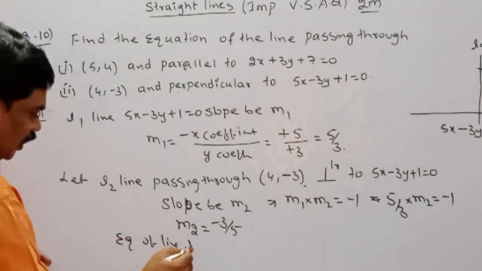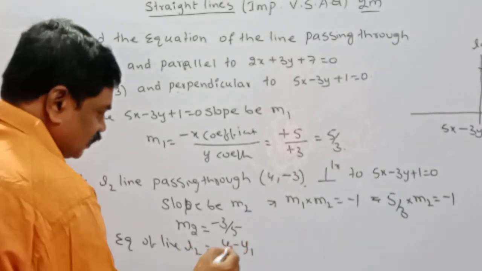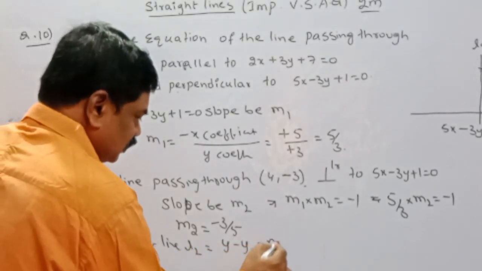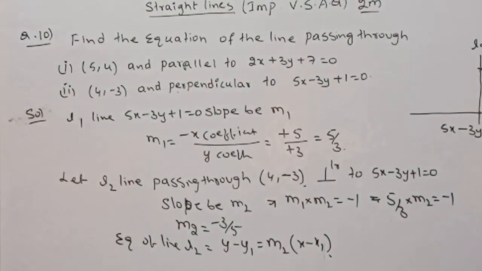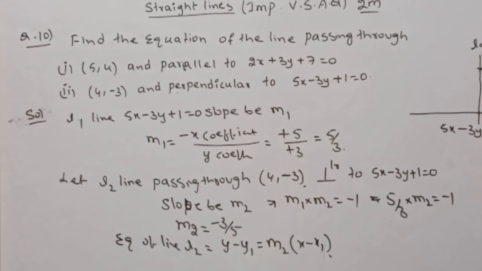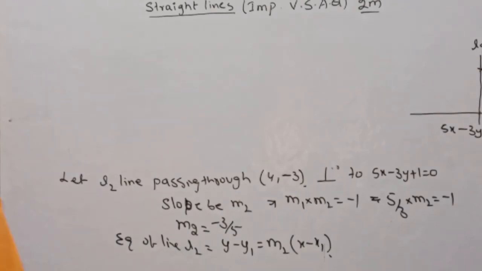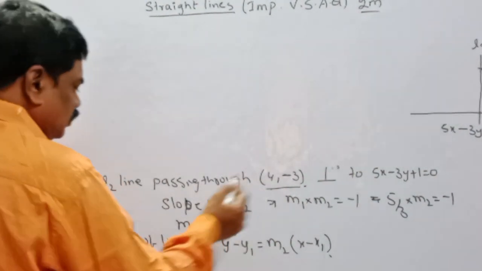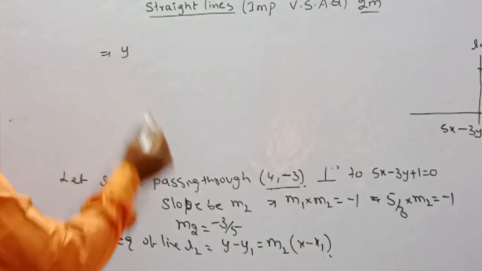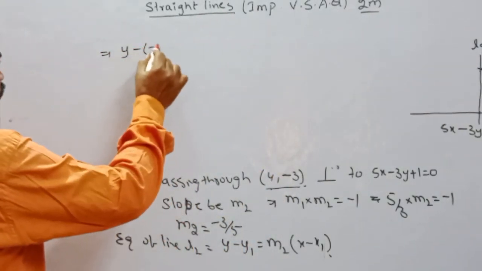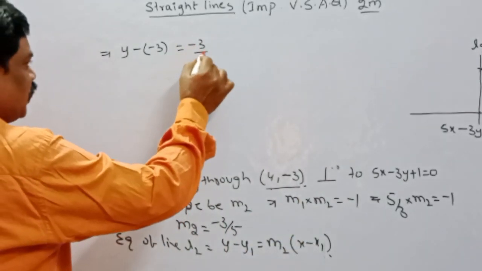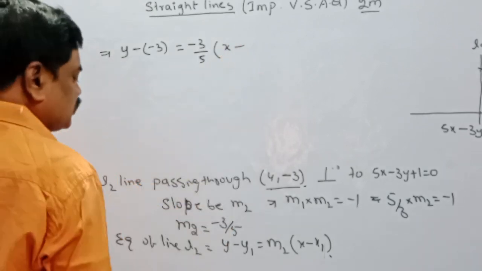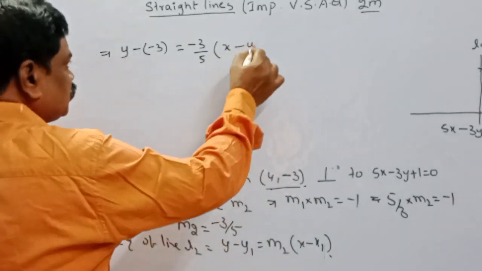Then the equation of line L2 is y minus y1 is equal to m2 into x minus x1. Here, y minus y1 becomes y minus of minus 3, equal to m2, minus 3 by 5, into x minus x1, which is 4.